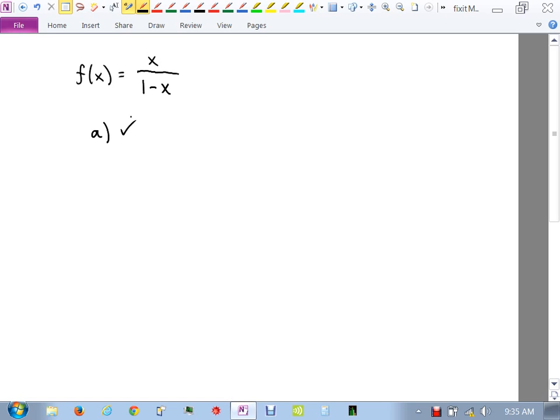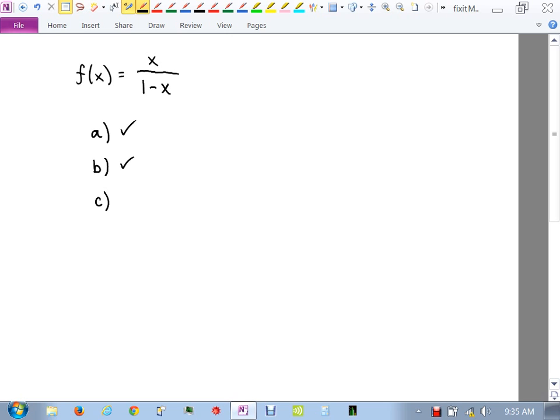You can't factor x and you can't factor 1 minus x, so we're done. Step B, cancel any common factors and keep note that you will have holes at the points which make those canceled factors equal 0. We never canceled anything because we never had any factors that canceled top and bottom. So I'm going to put a check here because we don't have to do anything.